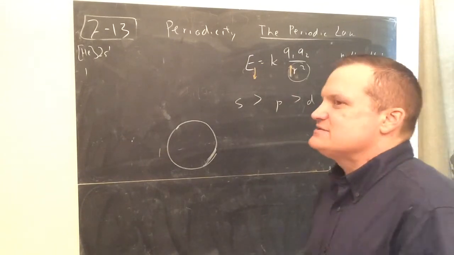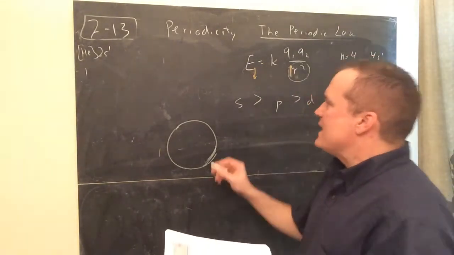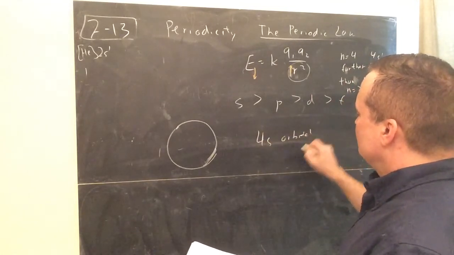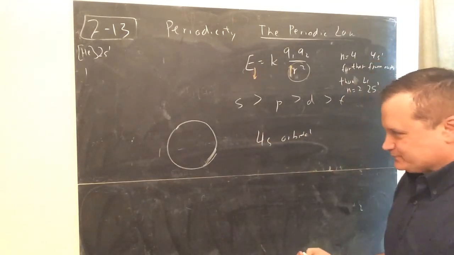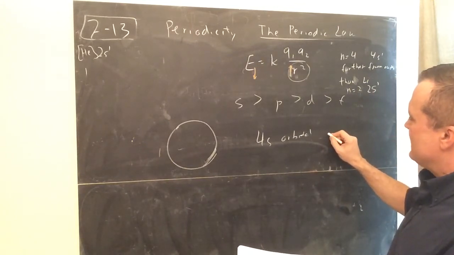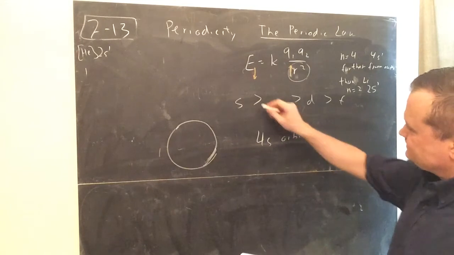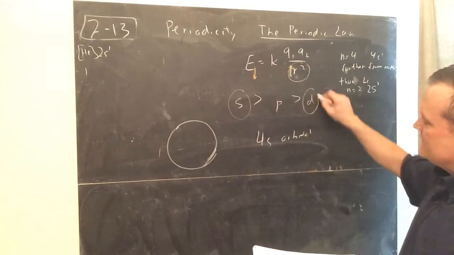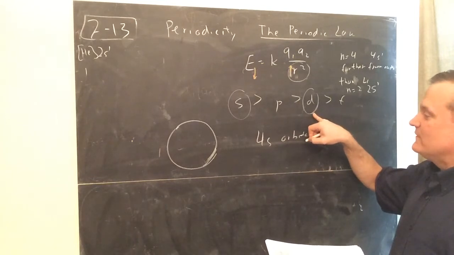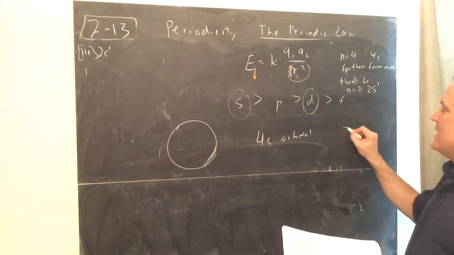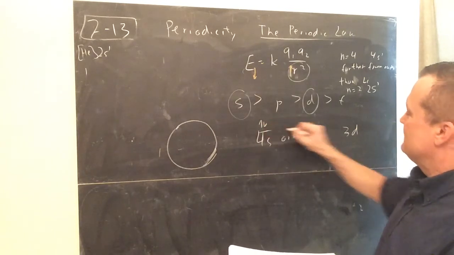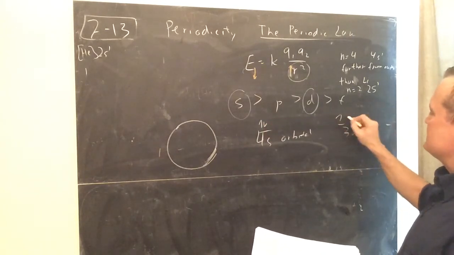What that means is the 4s orbital is easier for an electron to enter than a 3d, and you know that. So as you're filling up, you first go to the 4s electrons, then you go to the 3d electrons.